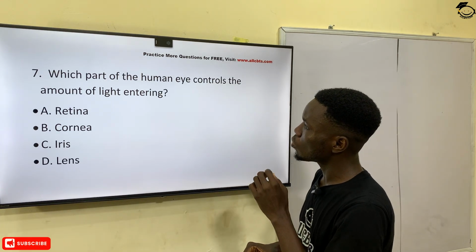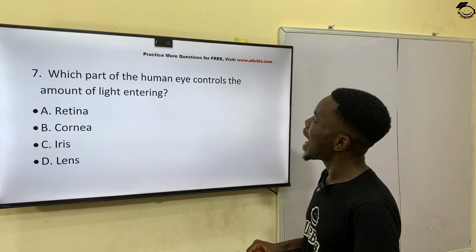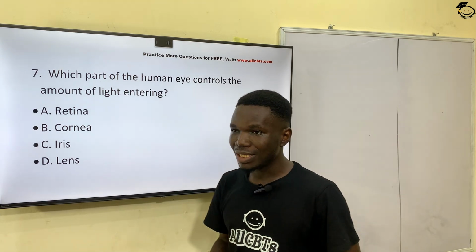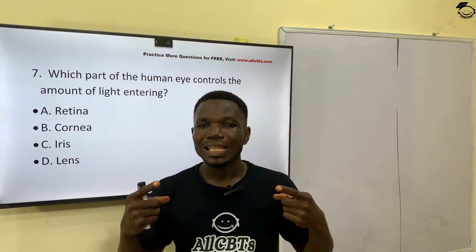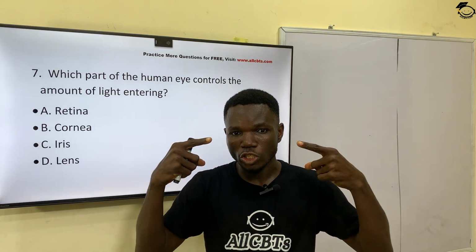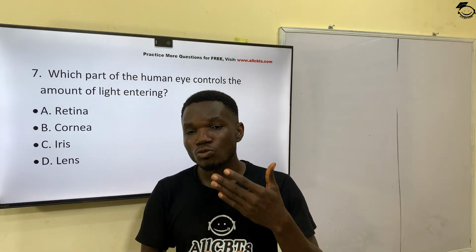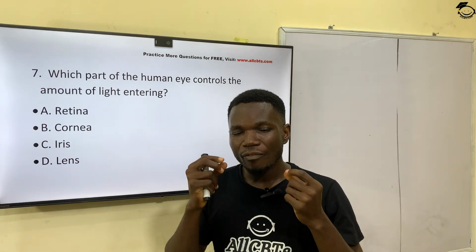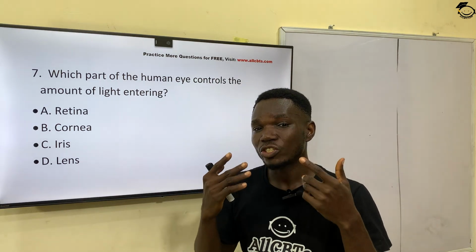That takes us to question number 7, which says, which part of the human eye controls the amount of light entering? When I was explaining this in the topic, I said that when you move from a dark room to a room that is lit up, you start having an eye pain sensation as a result of too much light entering the eye.